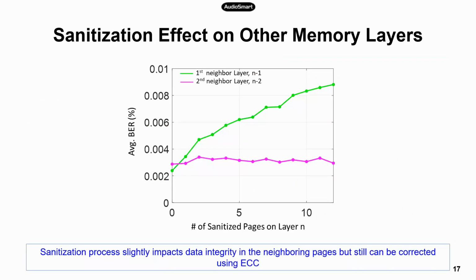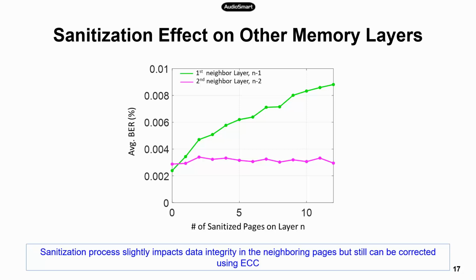Next, we perform experimental evaluation on the sanitization effects on the other memory layers. Here we have the average BER versus the number of sanitized pages on a given layer. The green line is the nearest neighboring layer. The pink line is the further neighboring layer.